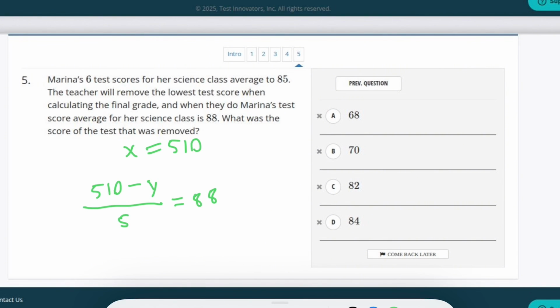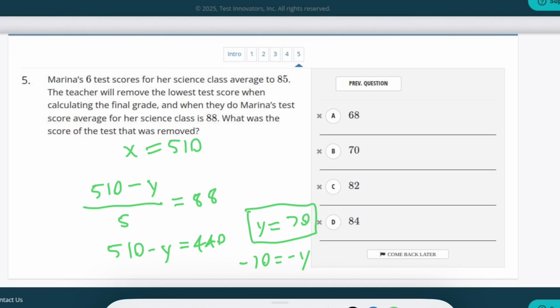So you just multiply 5 by 88 to get 440 equals 510 minus y. Then subtract 510 from 440 to get negative 70 equals negative y, so y equals 70. So we know that the test score that was removed is 70, which is B.